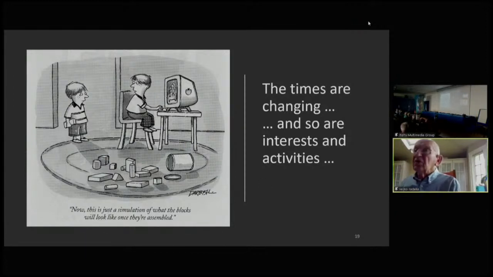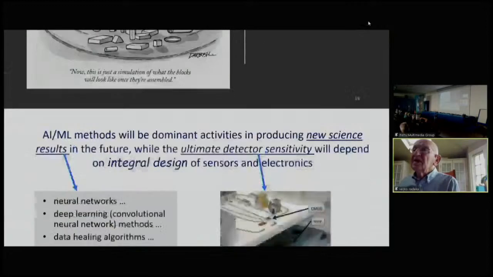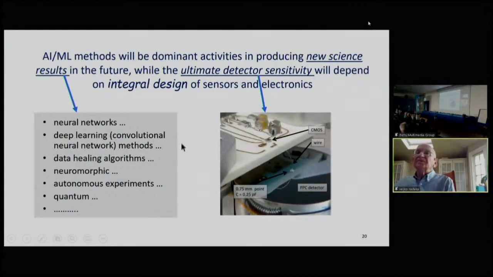So what's the story then? There will be reliance on artificial intelligence in the research work in almost all areas of science. Machine learning methods will be dominant.